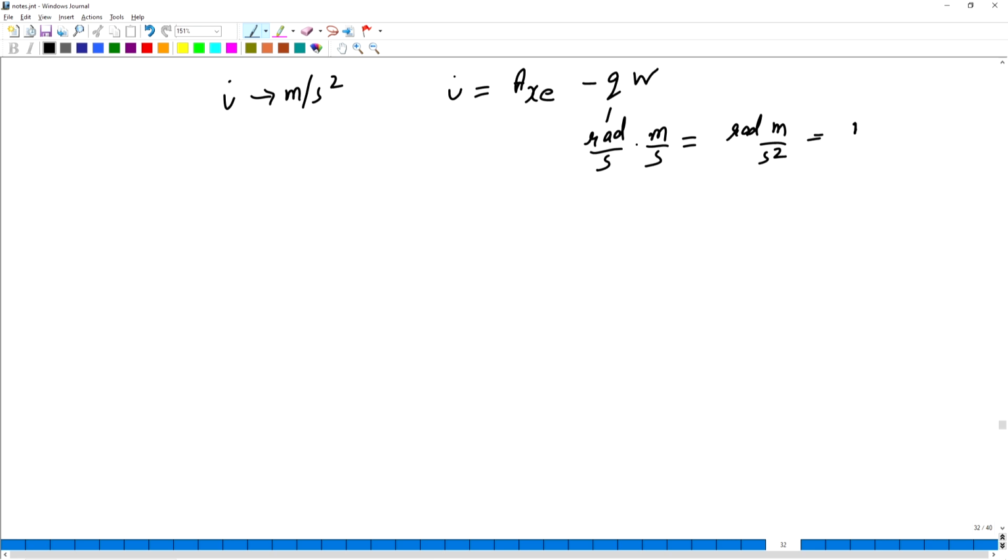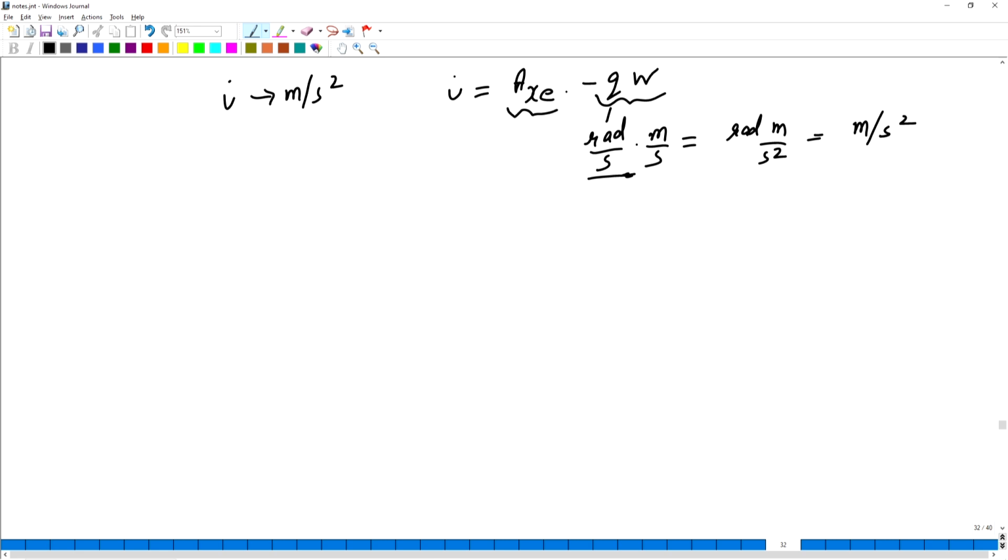So finally we have meters per second square. So this QW is meters per second square. So you have to ensure that Q is not in degrees per second, it should be in radians per second only. All right. And MATLAB by default takes the values in radians. So we have to be absolutely sure what unit we are using.